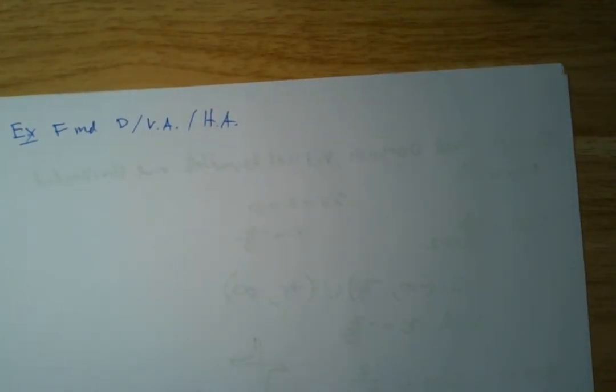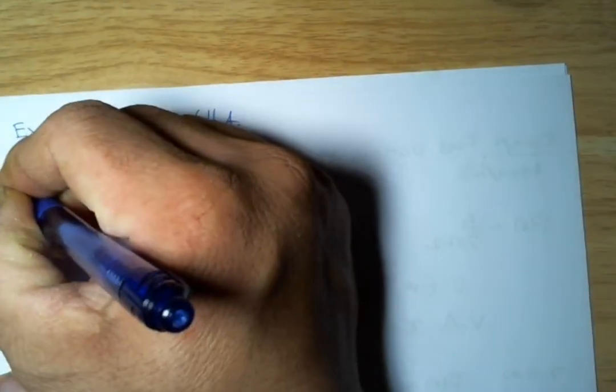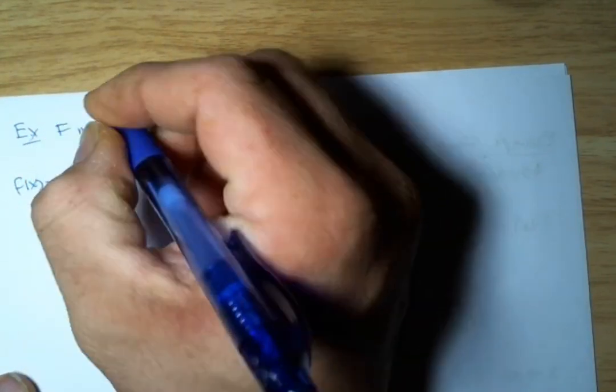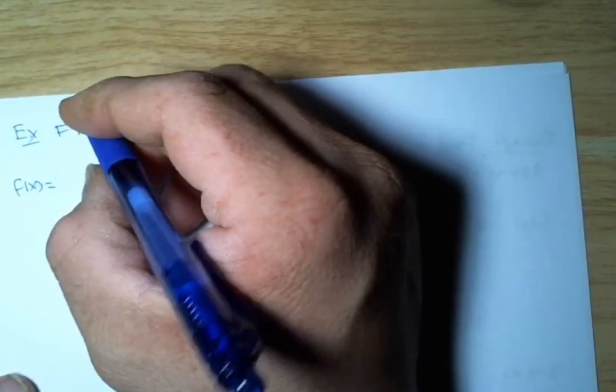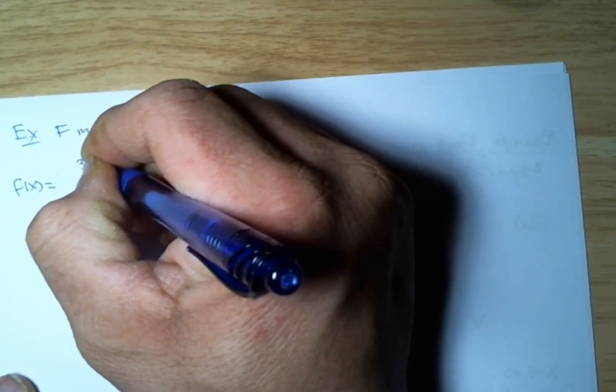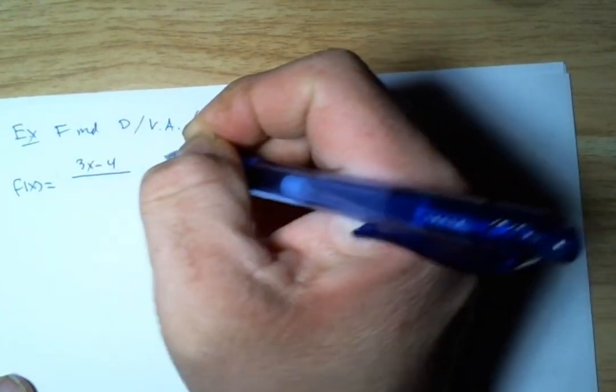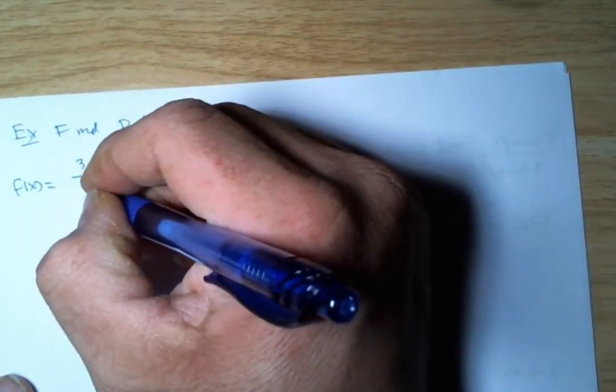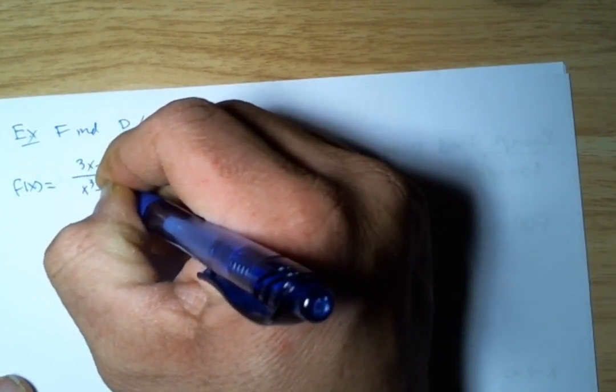Our function here is going to be f of x equals 3x minus 4 over x cubed minus 16x.